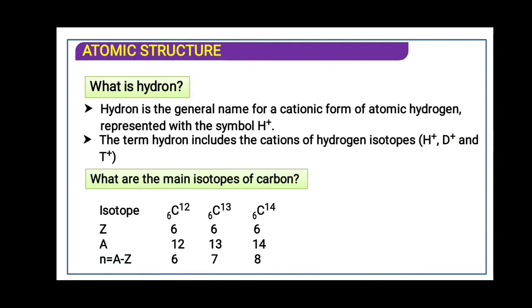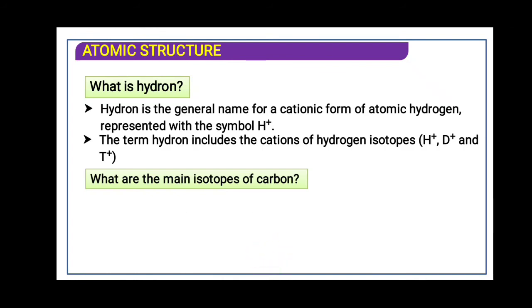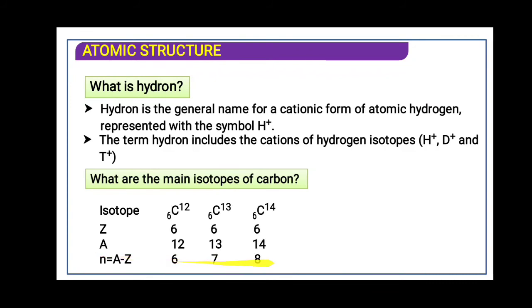That is 12 minus 6, 6 neutrons; 13 minus 6, 7 neutrons; 14 minus 6, 8 neutrons. One thing should be clear in your mind: in isotopes, the number of neutrons is different.